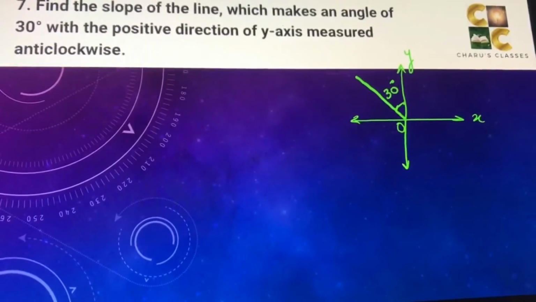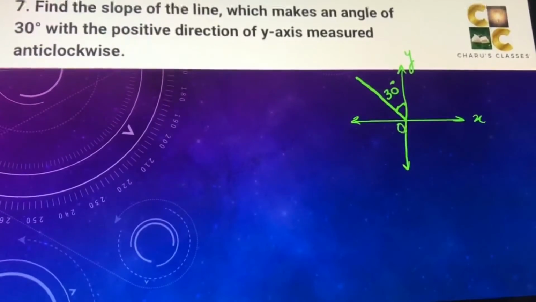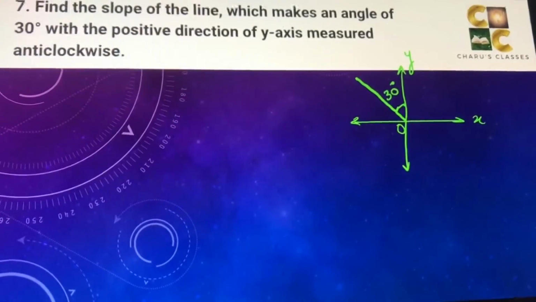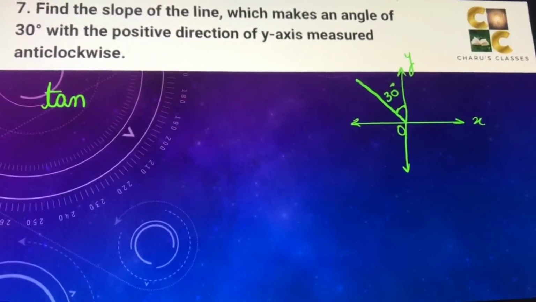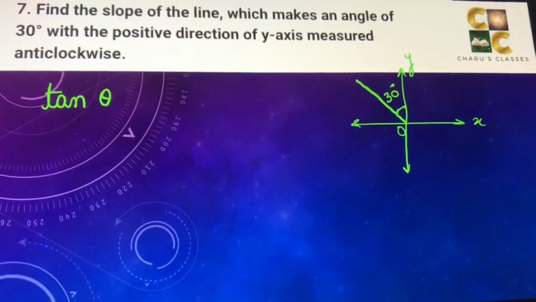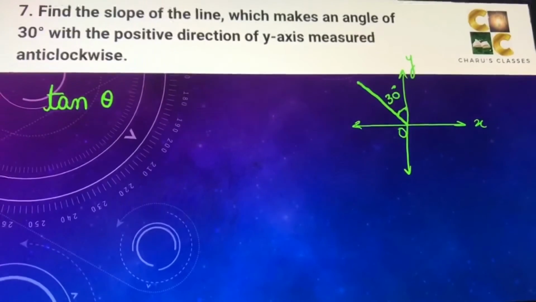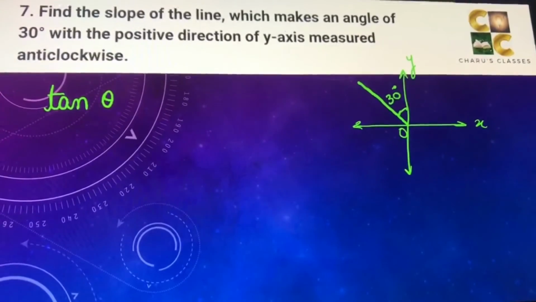So we have to find the slope of this line which makes an angle 30 degree with the positive direction of y-axis. हम जब भी slope निकालते हैं, slope is tan theta, where theta is the angle made from the x-axis in the anti-clockwise direction.